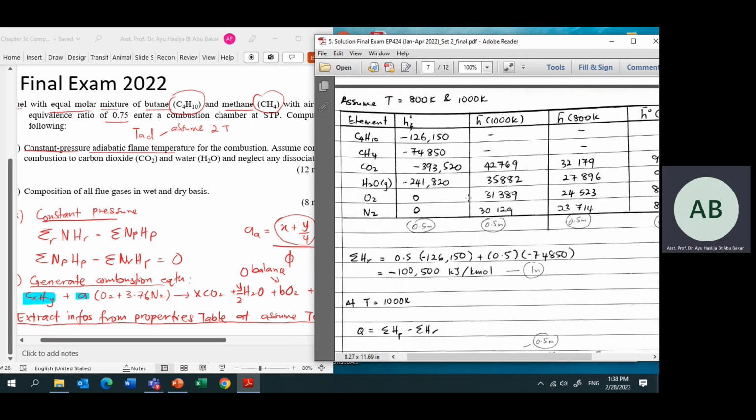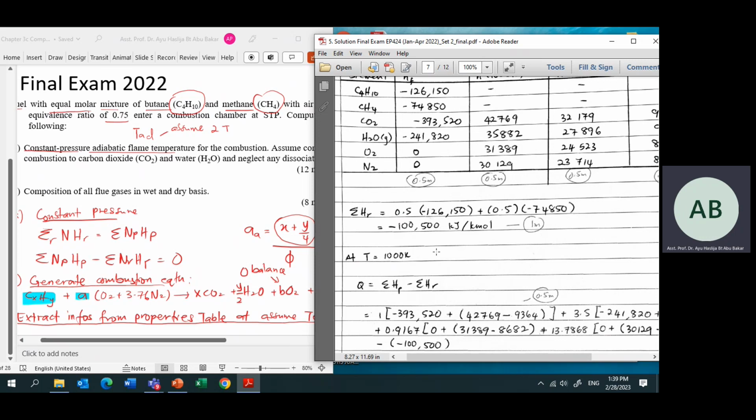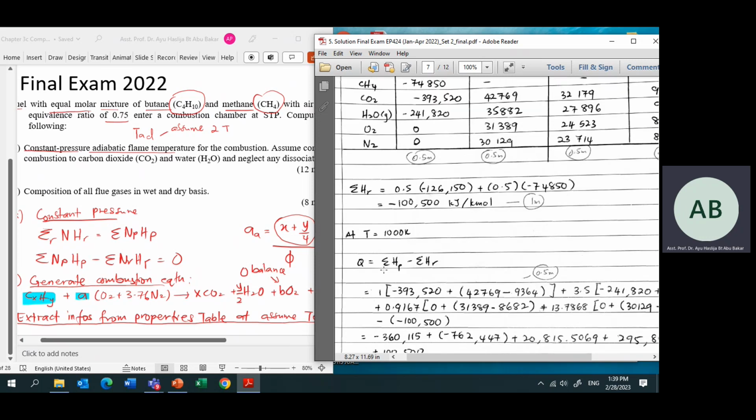Find all the info. Then from there, as I mentioned earlier, the heat of formation of fuel, since it is equal molar, so 0.5 multiplied with the butane and 0.5 multiplied with the methane. So you will get the heat of formation for the fuels. Then plug into the equation for constant pressure. If constant volume, a different equation, which involves the PV and RT.